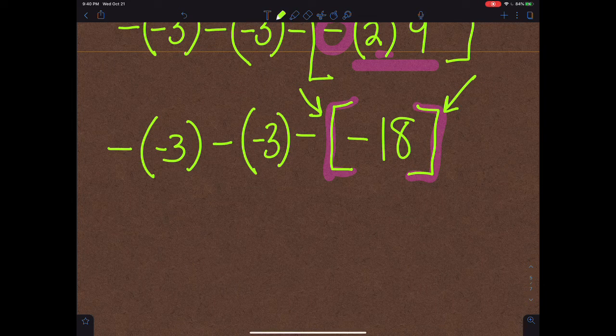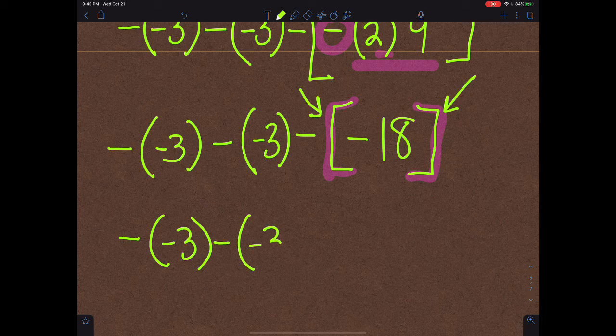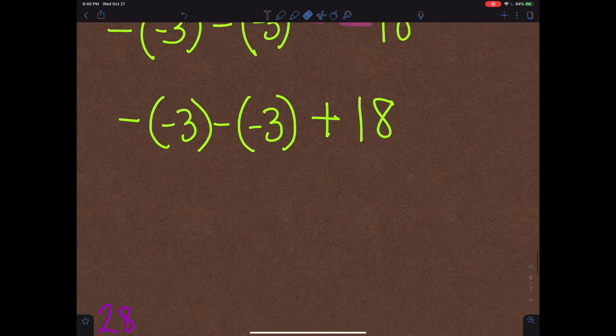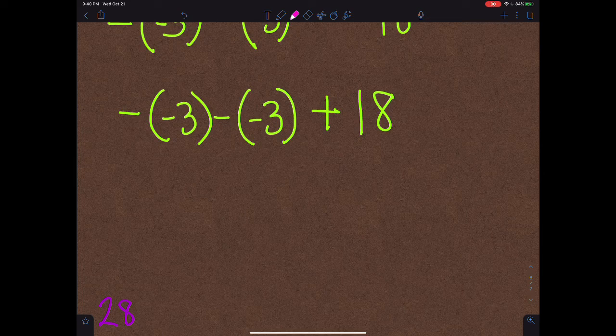And I can write this as plus 18 because you have this minus a negative 18, as if the brackets are not there, because they really don't need to be. So a minus a negative 18 turns into plus 18, okay? So this is still a big hot mess.